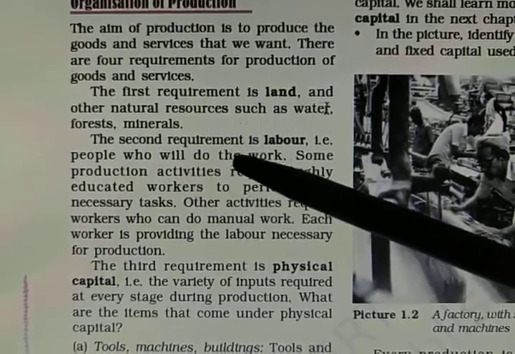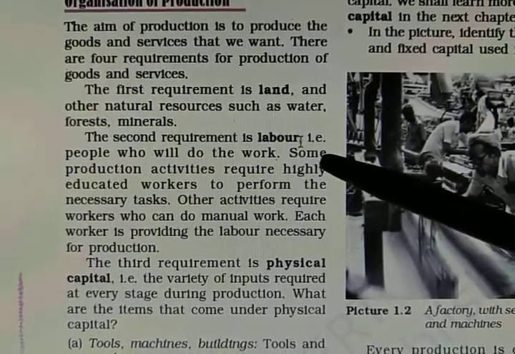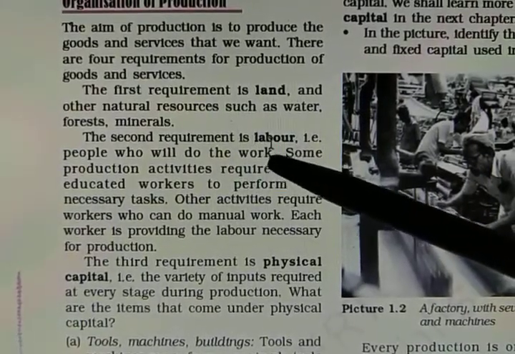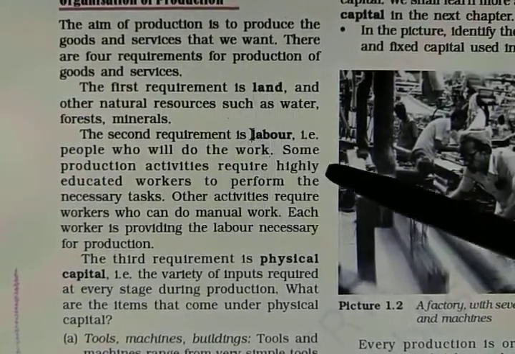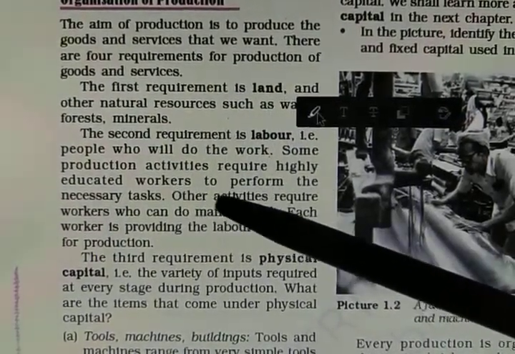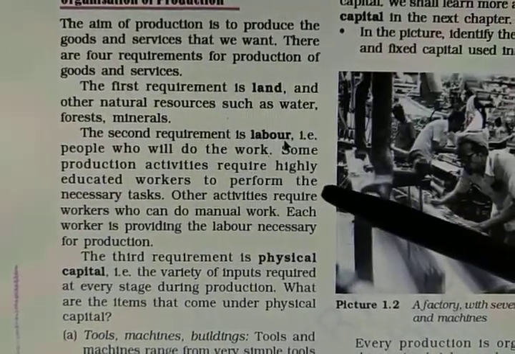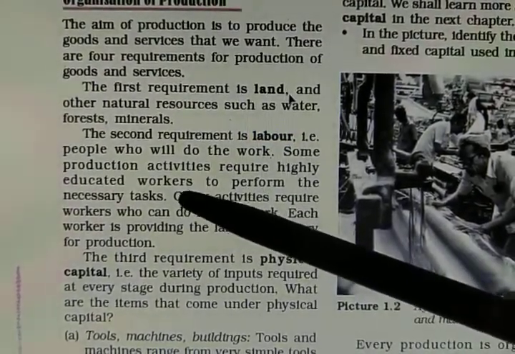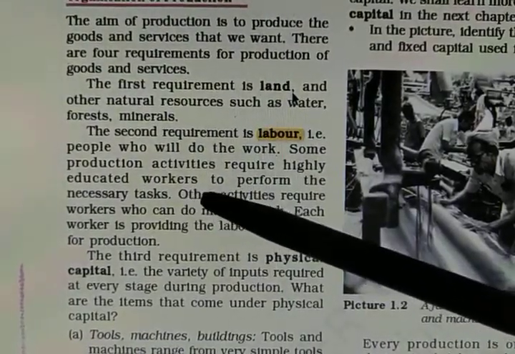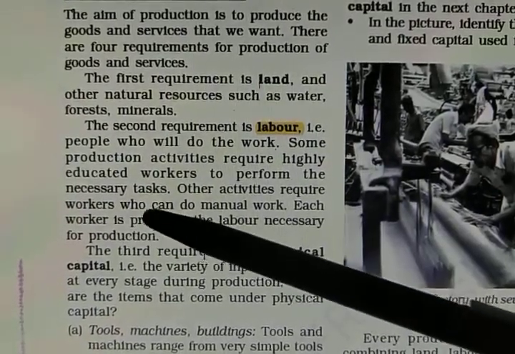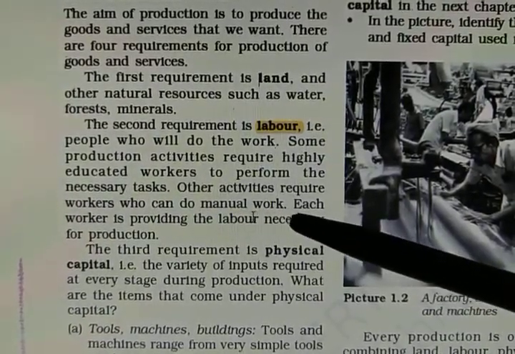The second requirement is labor, that is, people who will do the work. We people do the work. Some production activities require highly educated workers to perform the necessary tasks. If the people are skilled, they can perform easily. And other activities require workers who can do manual work.